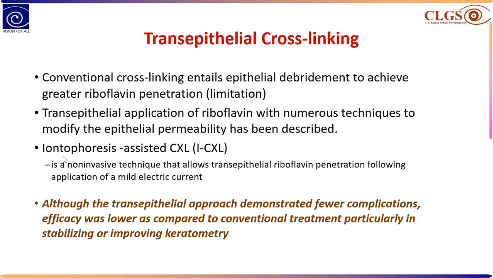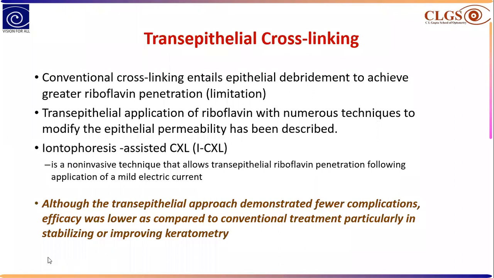That process is called iontophoresis. Iontophoresis is basically a non-invasive technique that allows transepithelial riboflavin penetration following application of a mild electric current. It is a process by which they transmit riboflavin into the stroma without removal of the epithelium.